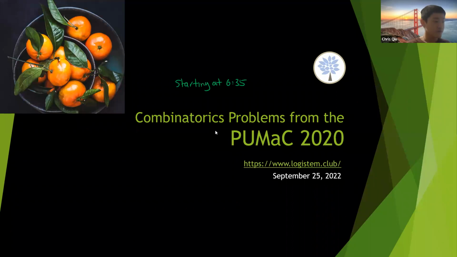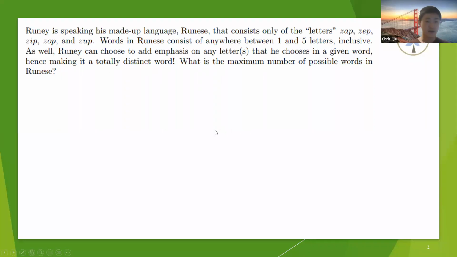So I'm going to show you guys the first problem for today. And I'll give you guys around 5 minutes to think about it yourself. And if you have any questions, let me know. And after those 5 minutes, I'm going to go over a solution of this problem. And we'll do that for 5 or 6 problems for today. So you guys can start reading the problem. And in 5 minutes or so, I'm going to start showing you guys a solution.